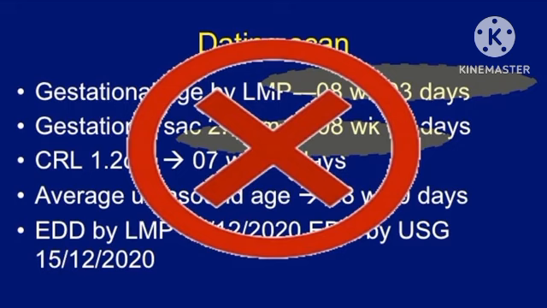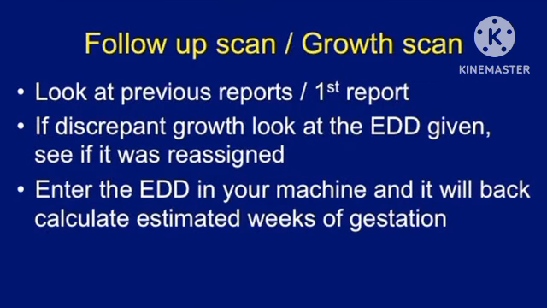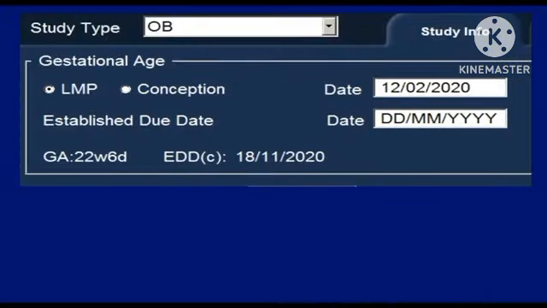This should be avoided. So whenever the patient comes for a follow-up scan, you should look at the previous report. Look at whether there was any discrepancy in the previous report, and then you should enter the EDD in your machine and not the LMP. So typically if you see here that you entered the LMP and you have got the gestational age and the EDD.